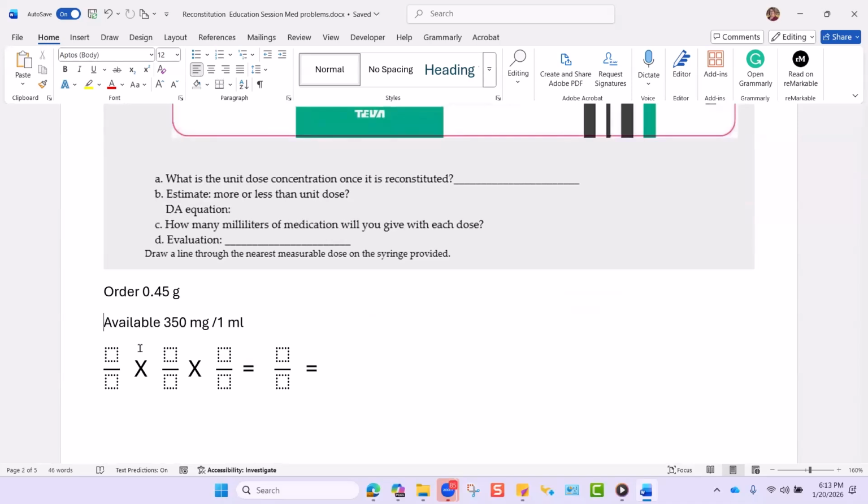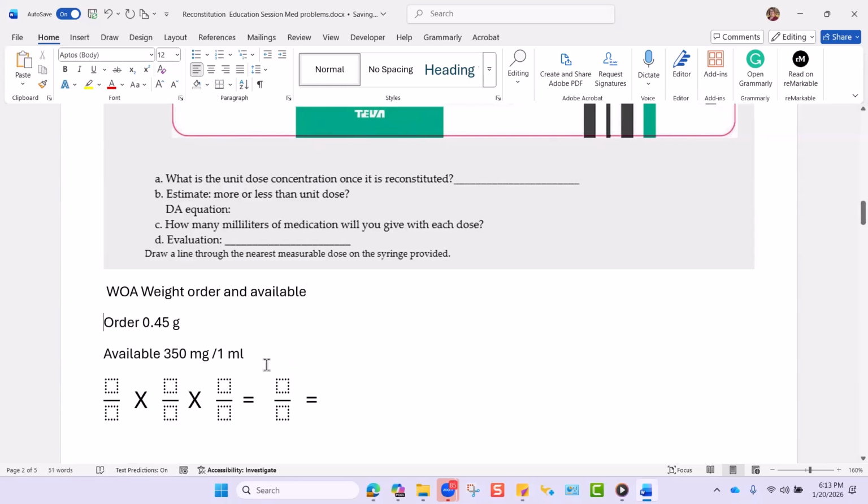And starting with level 1, which you've already passed through, we've instituted a whole dosage calculation work that's included in their skills class, okay? So I'm going back and forth between two styles, so please stop me if this is not how you learned it. I believe this group learned WOA, which is weight, order, and available, okay? So I'm going to stick with that.